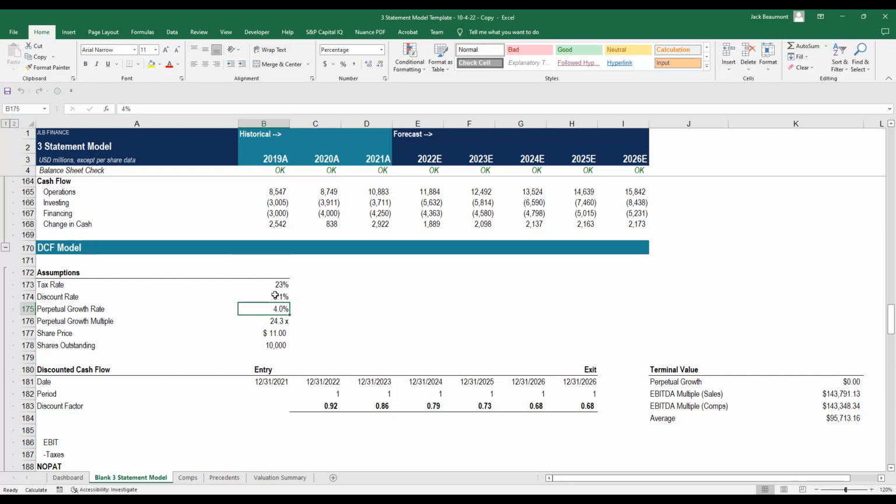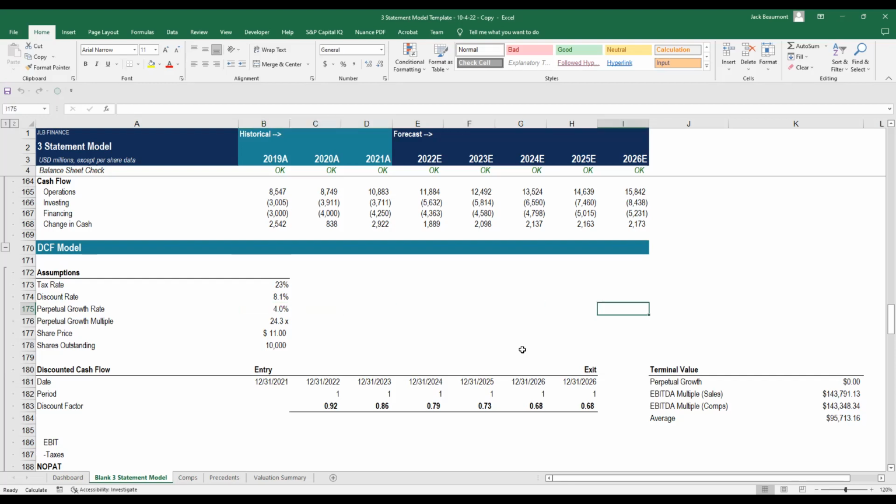So what we do is take whatever our free cash flow is in year 5, multiply that by 1 plus the perpetual growth rate, and then divide that by the discount rate minus the perpetual growth rate, and that gives us a terminal value of the firm. What that's capturing is an infinite amount of value of future cash flows, and it gives us a figure of what you would pay for that at that time.